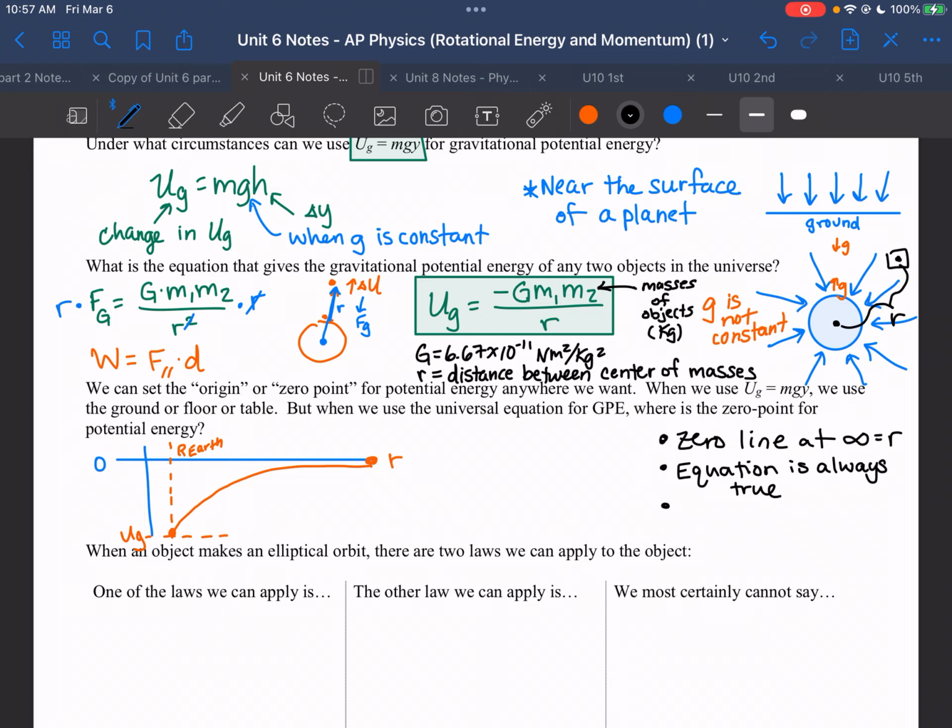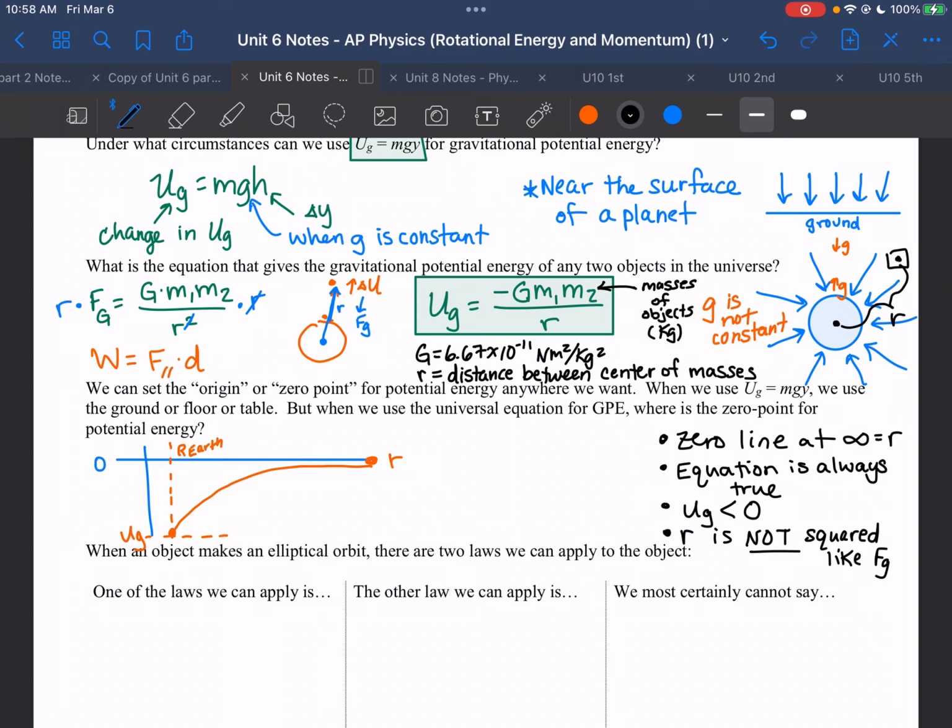Obviously, it's a lot easier to use mgh if you're on Earth, but this equation will always be true. The next thing is this equation, if you're looking at each individual gravitational force, is negative. It is less than 0. And one more thing to note is r is not squared like it is in the force. A lot of people will mess up with that just because they're not paying attention to the equation. It is not squared like it is in FG.